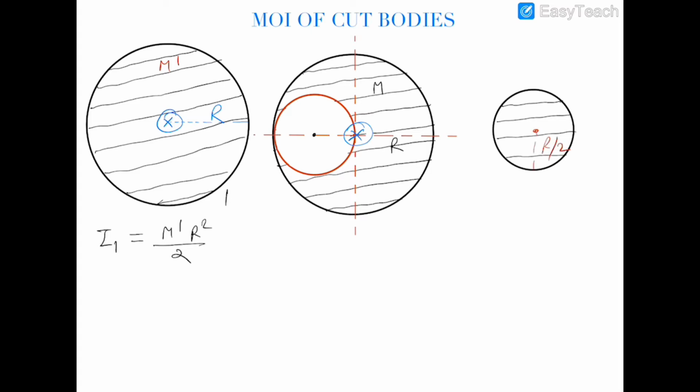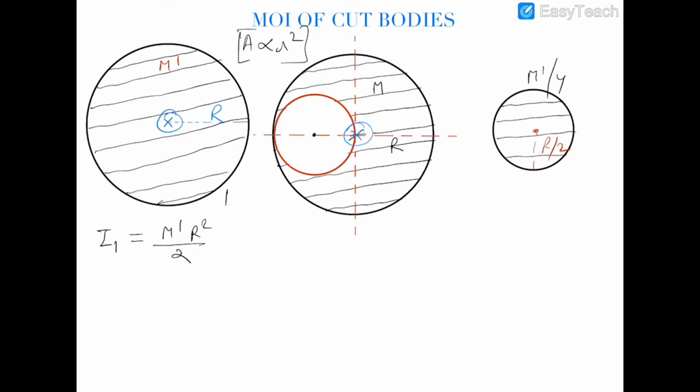We can easily see that the complete mass of a disk, which is a two-dimensional object, is distributed on its surface area, and area is proportional to the square of dimensions, or we can say that the area is proportional to square of radius. So if the radius of this smaller disk is half of the radius of the bigger disk, then its area would be 1/4, and hence its mass would be 1/4. So its mass would be m dash by 4.